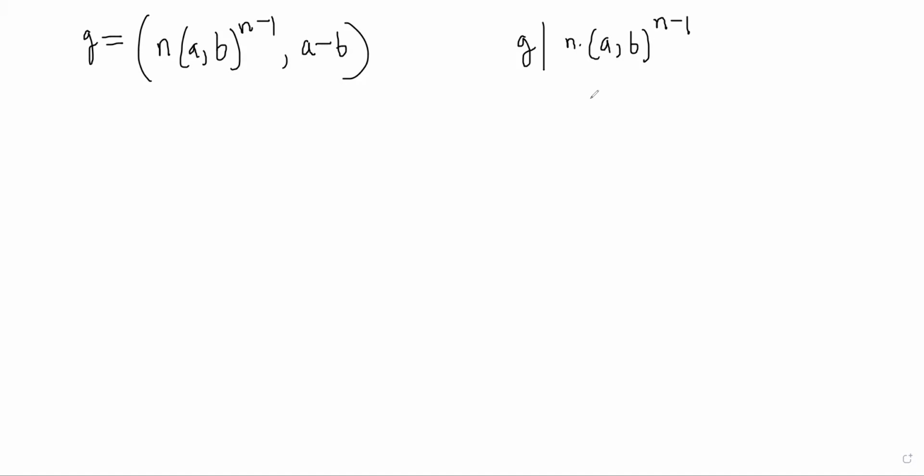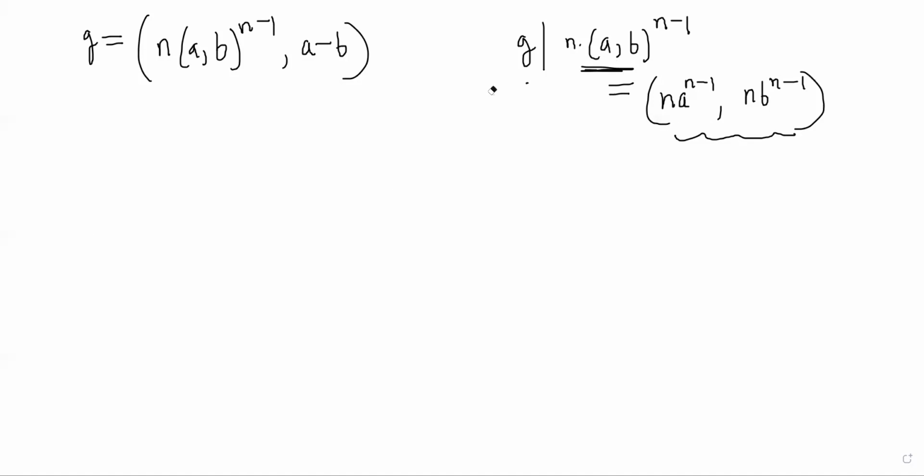From this, it should follow that this was equal to the GCD of n times a power n minus 1 and n times b power n minus 1, right? The same GCD can be written like this.